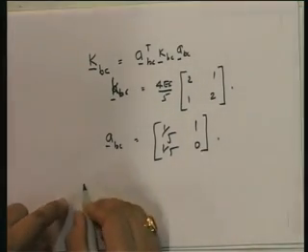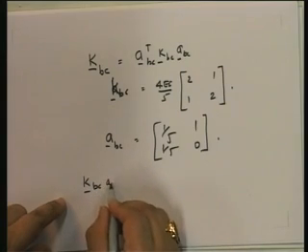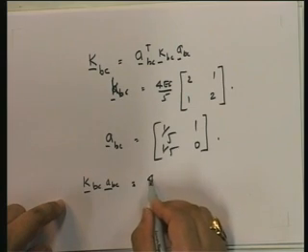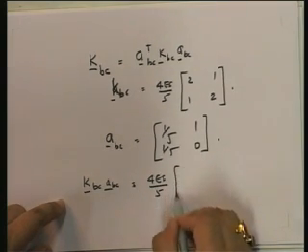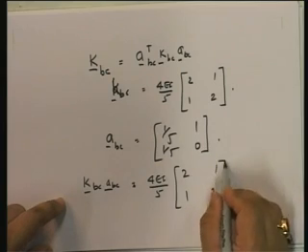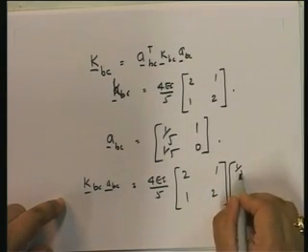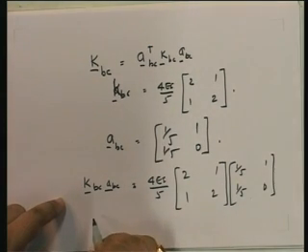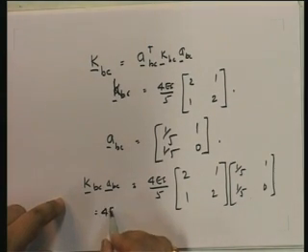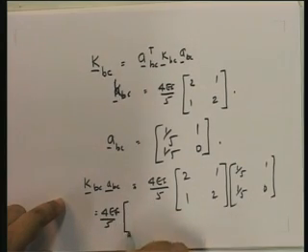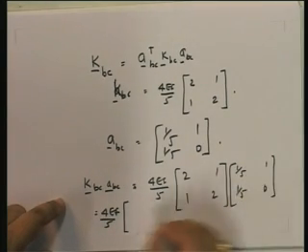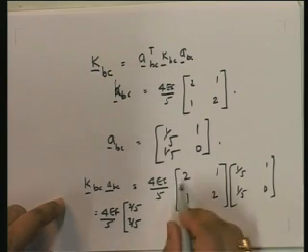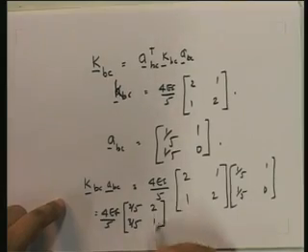So the first thing is K_BC into A_BC, which is 4EI by 5 into 2, 1, 1, 2 times 1 by 5, 1 by 5, 1, 0. You have 3 by 5 here, 3 by 5 here, 2 here, and 1 here.